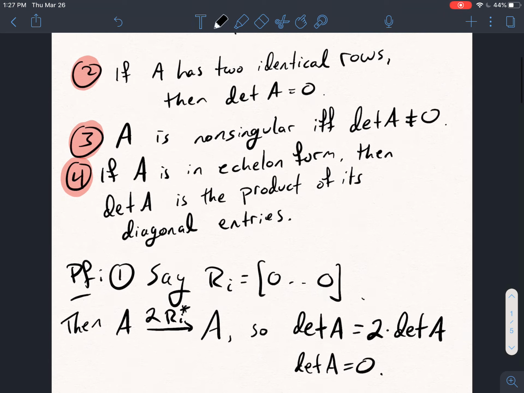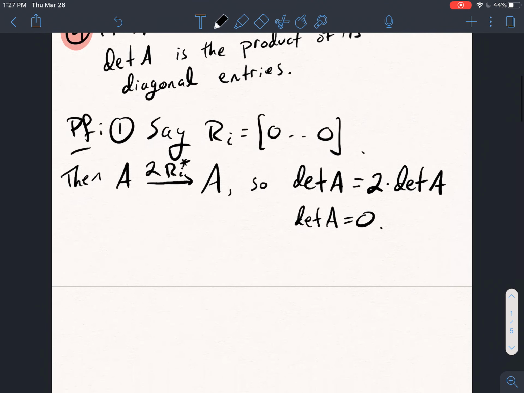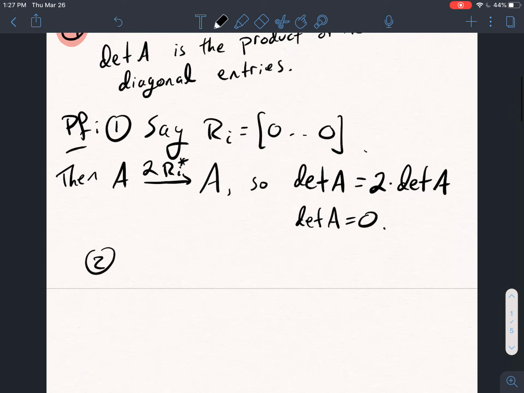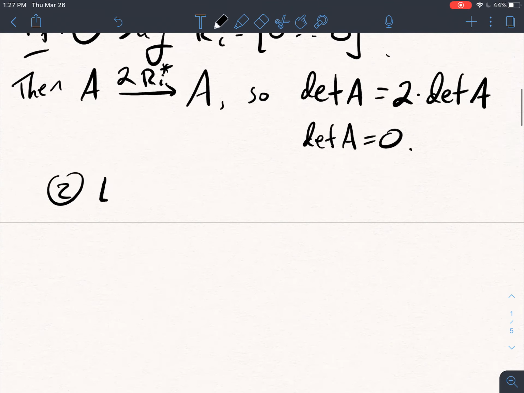Great. So now let's talk about part 2. If A has 2 identical rows, then the determinant has to be 0. Why would that be true? So let me zoom in a little here. Let's say that row i and row j are identical.